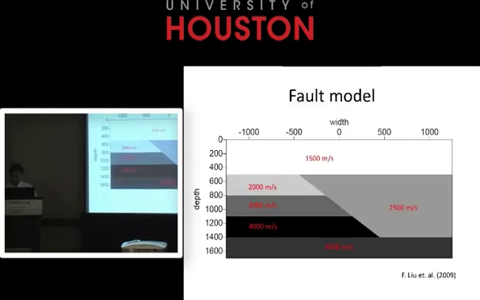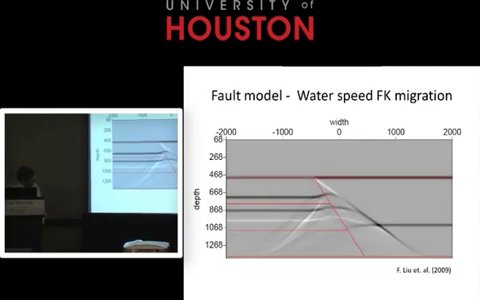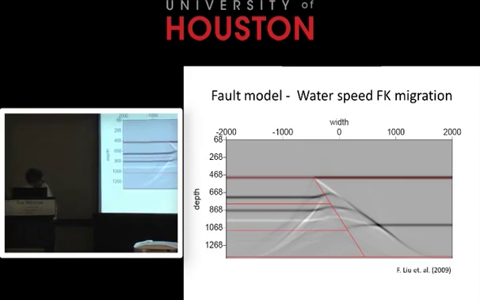Here's the fault shadow zone, water speed. Oh, yes, that's water speed. Okay, no problem. With water speed, everything is off, you understand? And you'll see, this is Professor Fang-Lu's result, and then you see Zicheng's.